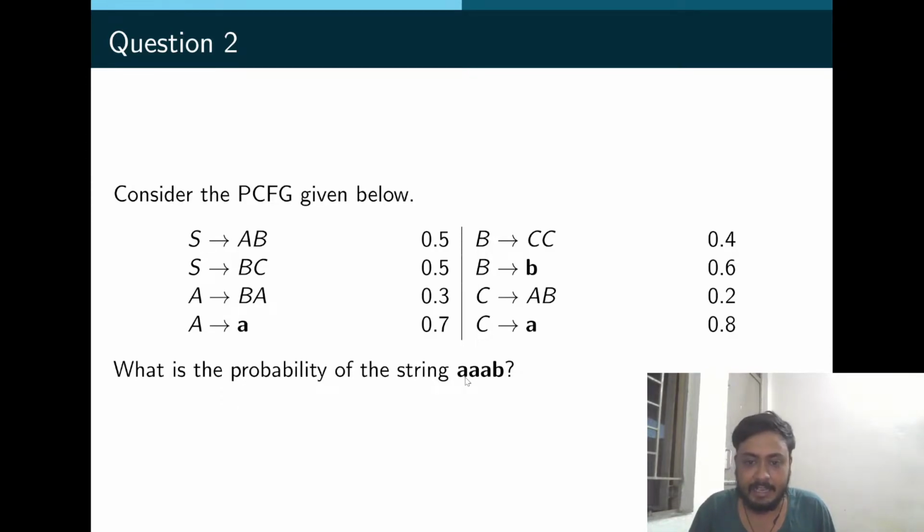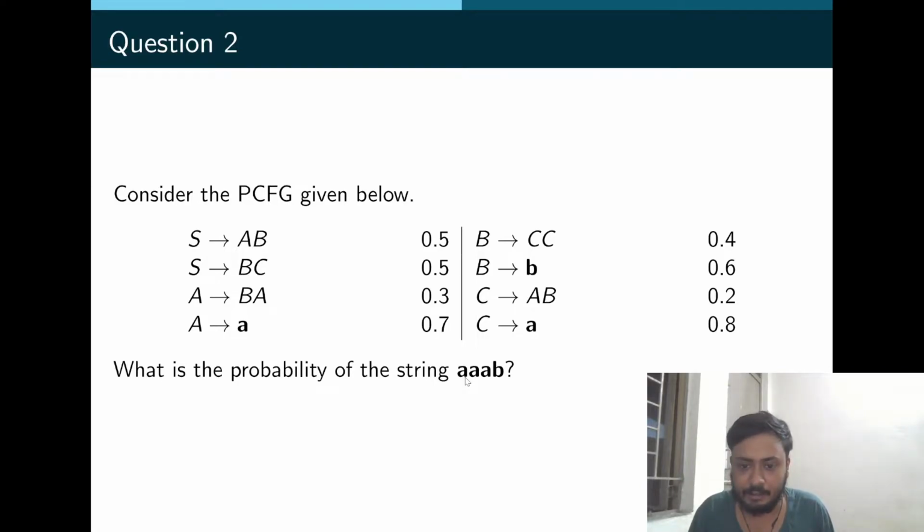Now as you know, there are methods for parsing strings, such as the CKY algorithm and so on. But we shall start off with a more intuitive way before we get into questions like that. Because this is a simplistic grammar, you can actually find all the possible parse trees without following any algorithm as such.